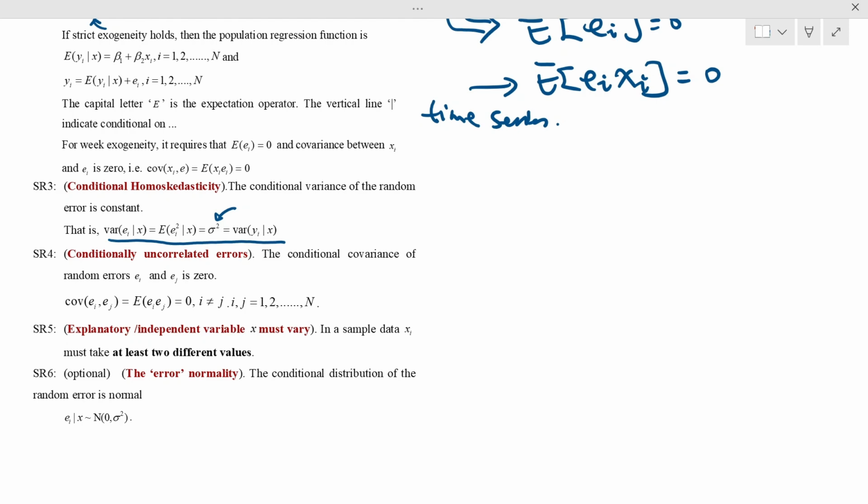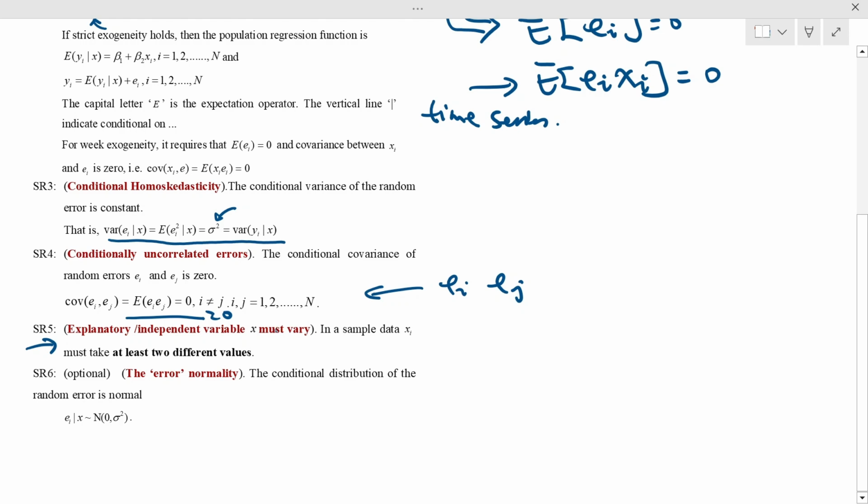Assumption 4, conditional uncorrelated error terms. We also want the error terms ei and ej to be uncorrelated, or correlation equal to 0. And this will be satisfied if our data are independent. In contrast, if data are correlated, say time series data, then this might fail. That's assumption 4.